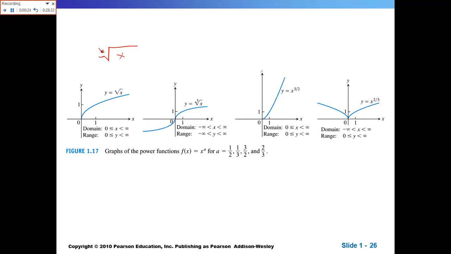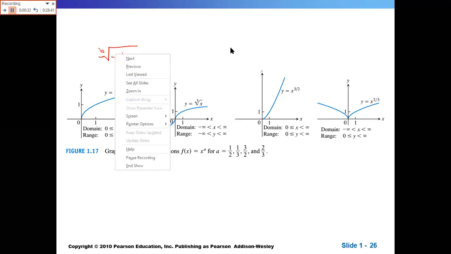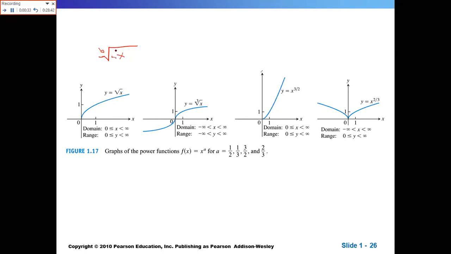This b is equal to 2 or 3 or 4 or 5 or whatever. We could have, for example, 5x minus 7 under the square root, okay?